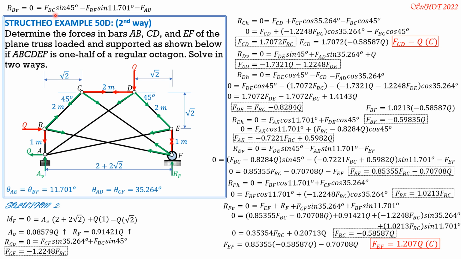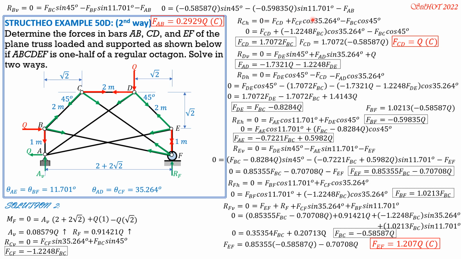Substitute FBC. So 0 equals quantity negative 0.5857 Q sine 45 minus FBF, which is quantity negative 0.59835 Q sine of 11.701, minus FAB. So it is FAB here, FAB to the left. So FAB is negative 0.5857 Q sine 45 plus 0.59835 Q sine of 11.701.